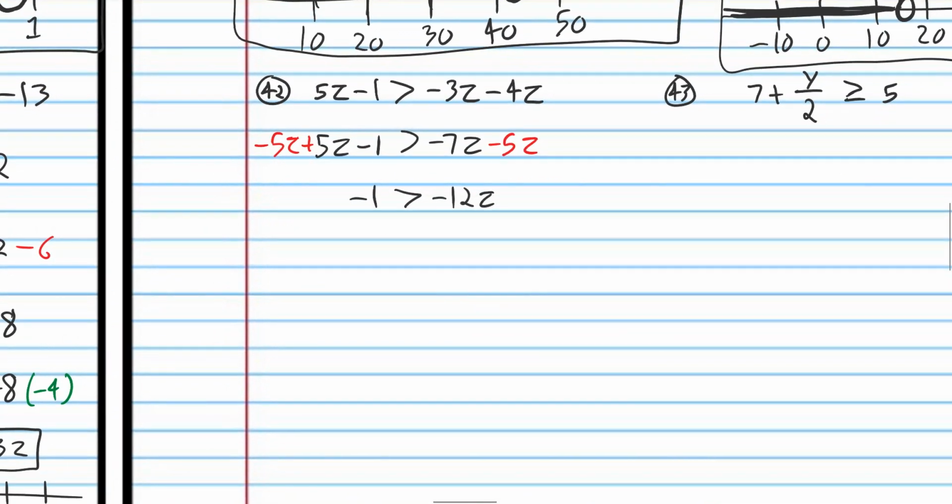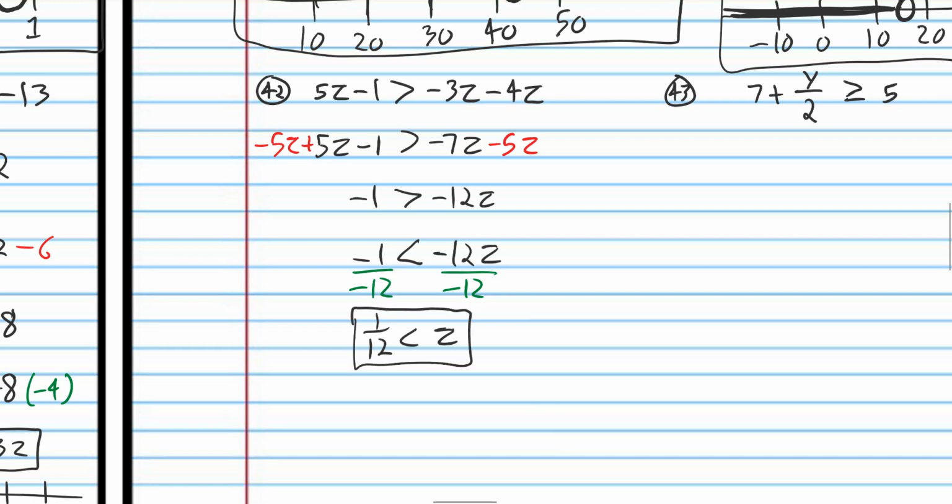Now in this case, we are going to have to flip the inequality because we're going to divide both sides by -12. So 1/12 is less than z. So if you got that algebraic solution, good job.